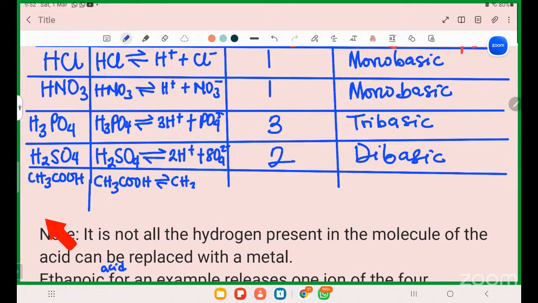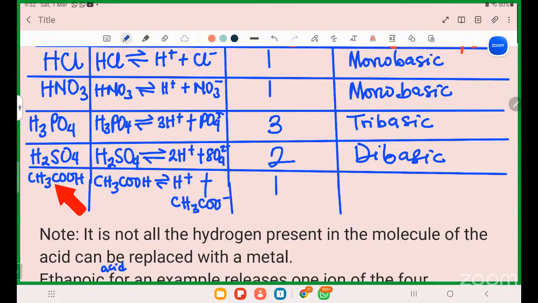So it is going to give us CH3COO minus plus H plus. So the basicity of this acid is 1, as there is only one hydrogen present in it that can be ionized.